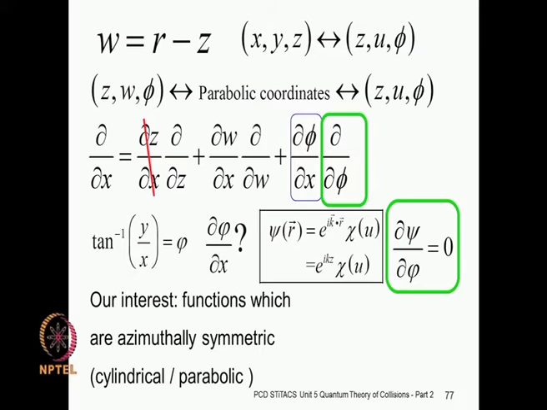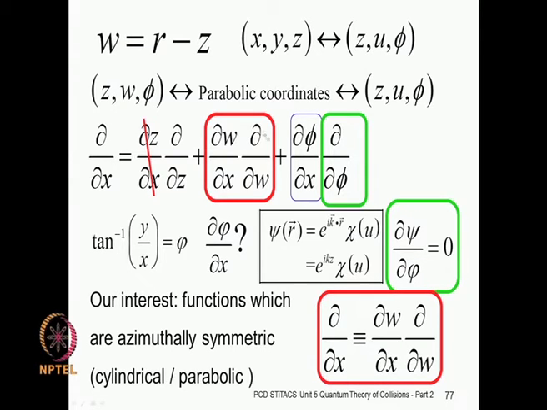Okay? Given that, the third term also does not have to be taken into account, because any derivative with respect to phi is of no interest for the Coulomb problem, which is a 2-body problem which has got an azimuthal symmetry. What does it give us for the partial derivative operator del over del x? It gives us only the middle term, which is del w by del x, and then del over del w, right.